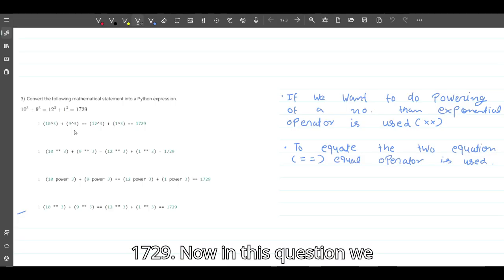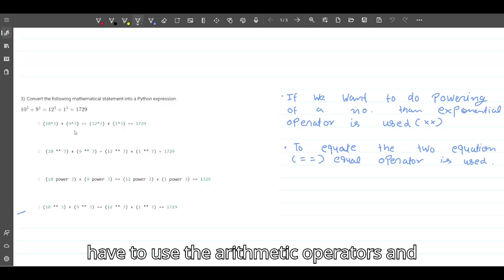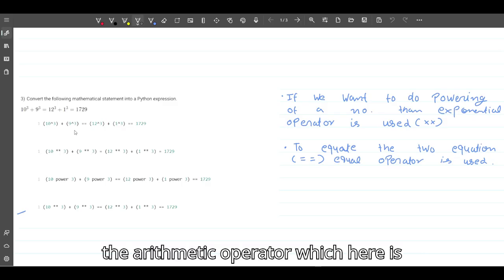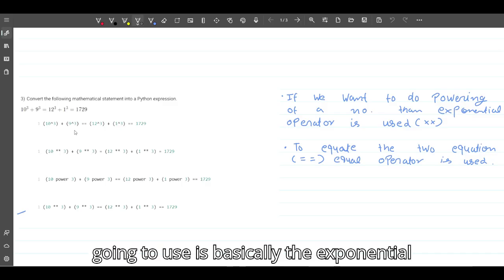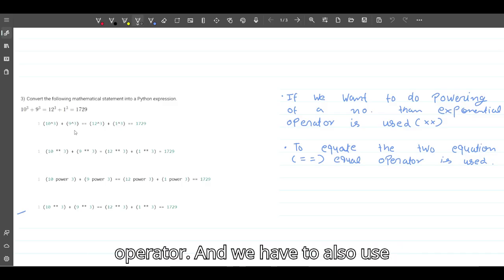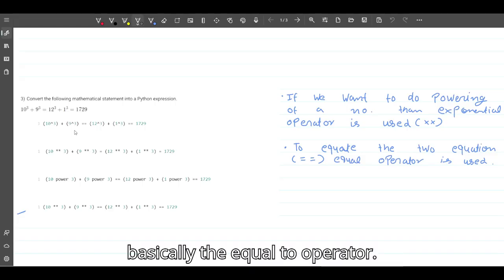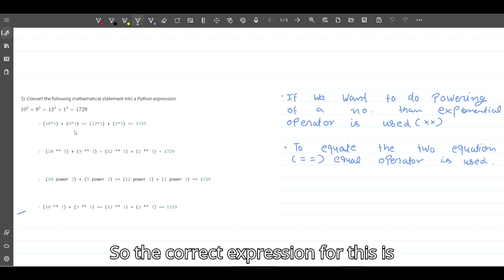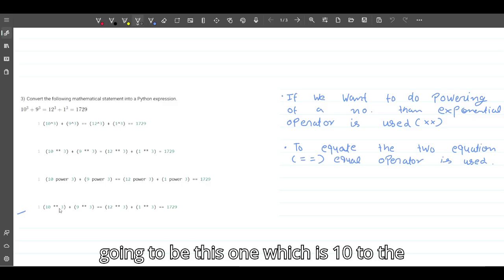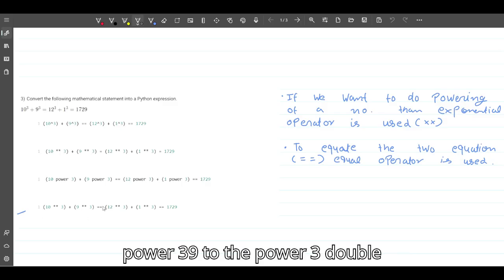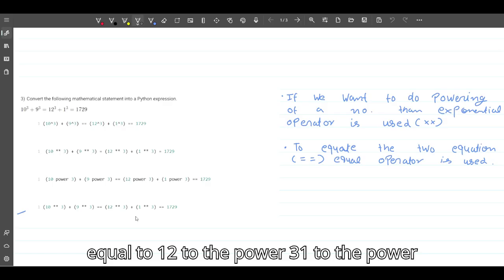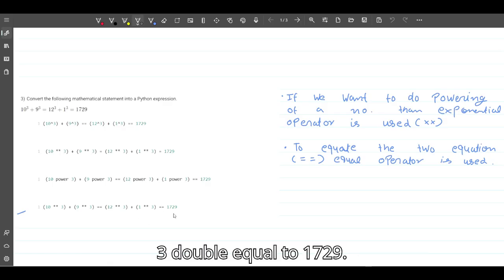In this question we have to use the arithmetic operator, which here is the exponential operator, and we also have to use a relational operator, which is the equal to operator. So the correct expression for this is 10 to the power 3 plus 9 to the power 3 double equal to 12 to the power 3 plus 1 to the power 3 double equal to 1729.